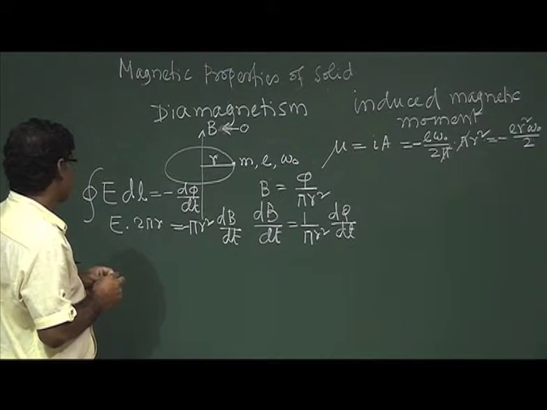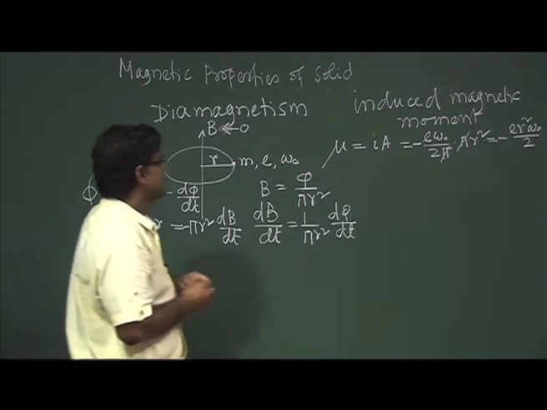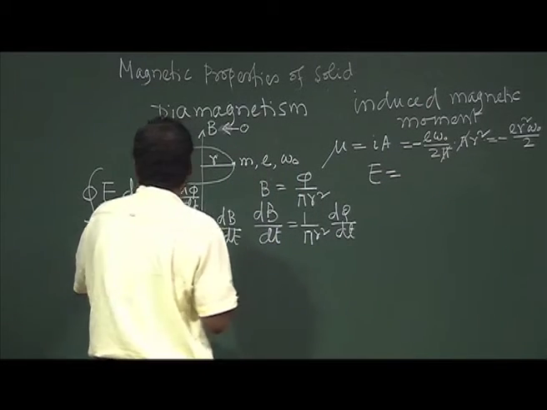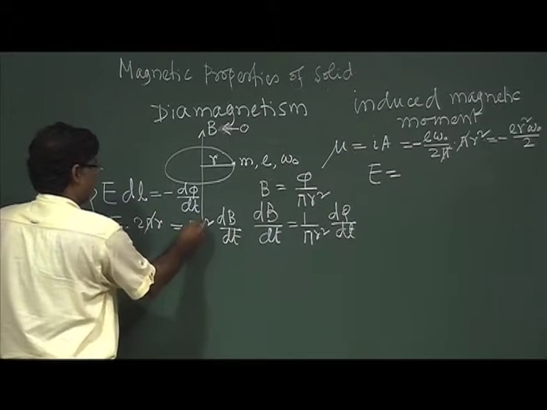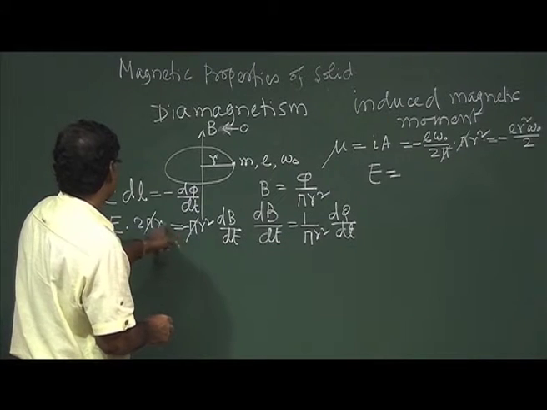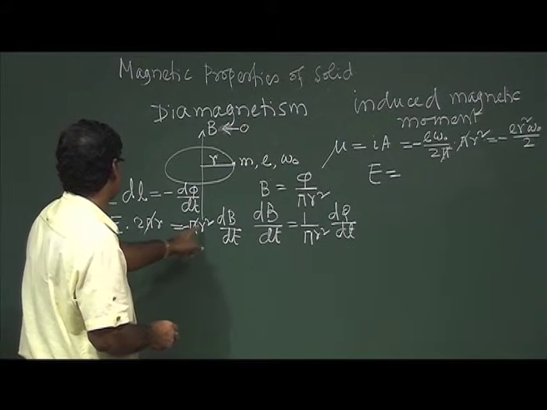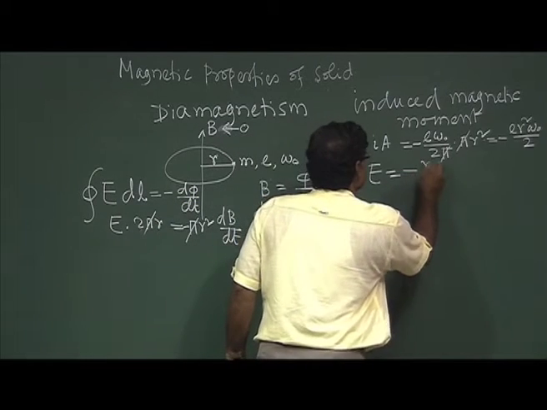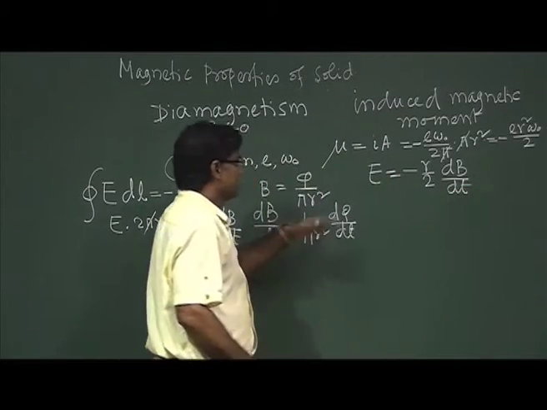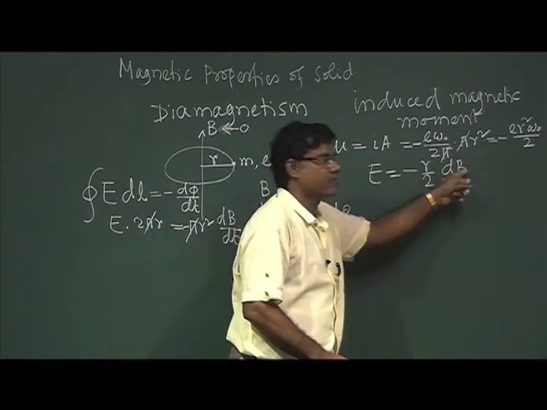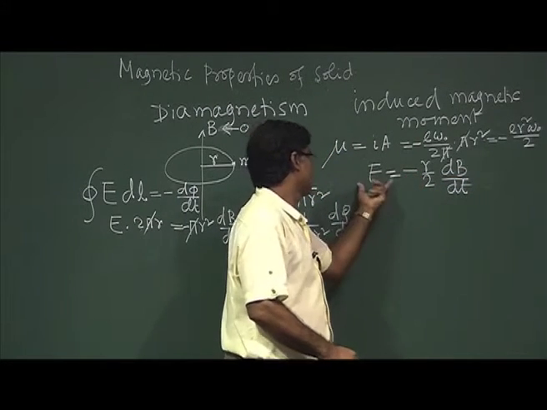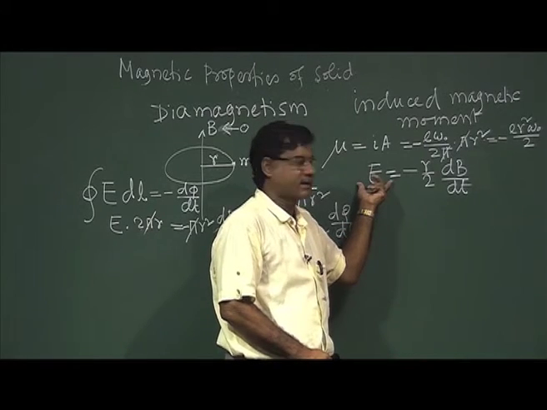From here I get E, the induced electric field, equal to minus r by 2 dB by dt, since pi and r square by r cancel. So the changing magnetic field from 0 to B provides this induced electric field.